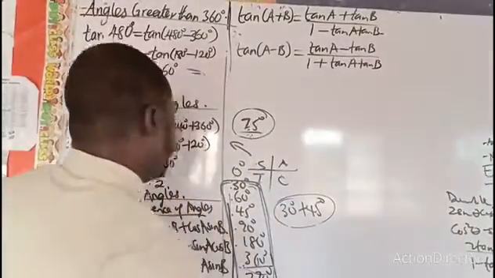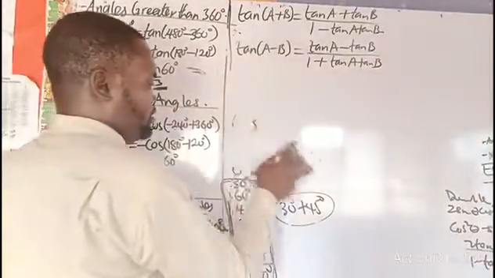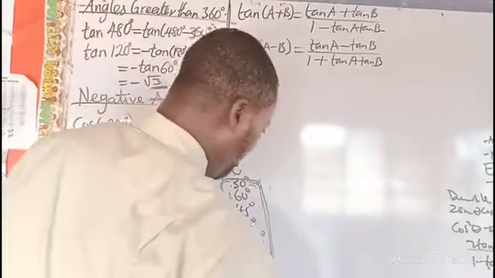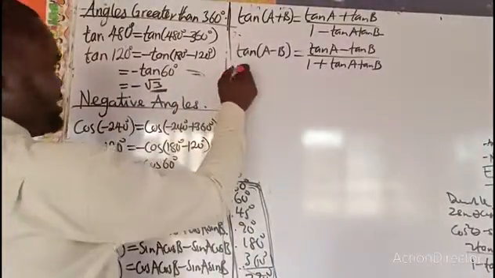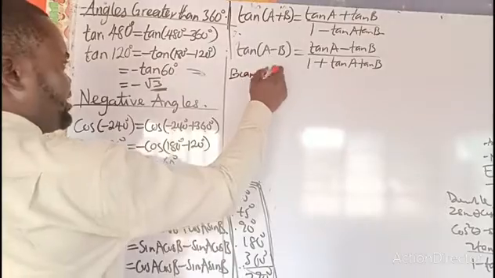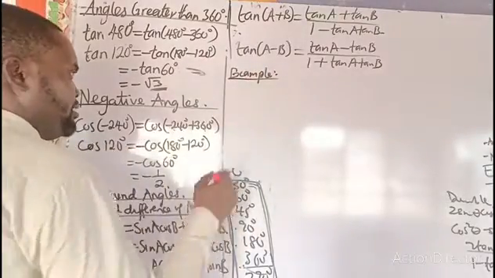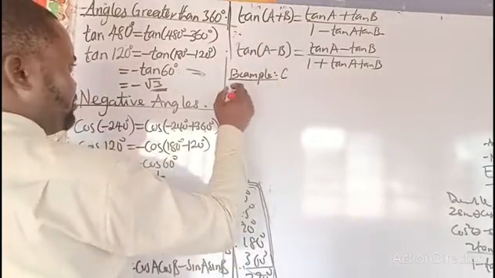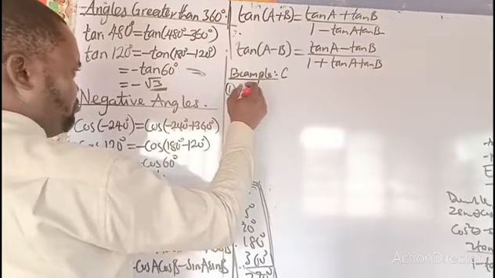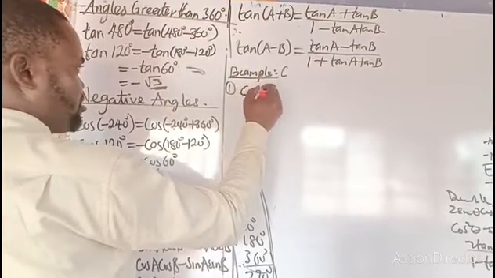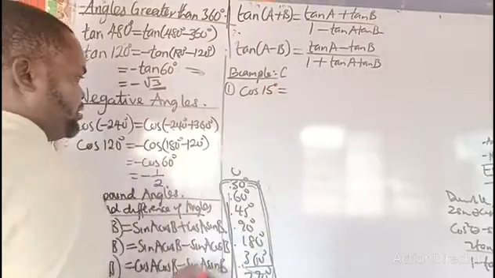Now, what is the reason for all this? Or how do we solve this? Now, let's look at an example. When I give you an example like this, you should evaluate this. Maybe, let's say cos 15 degree.